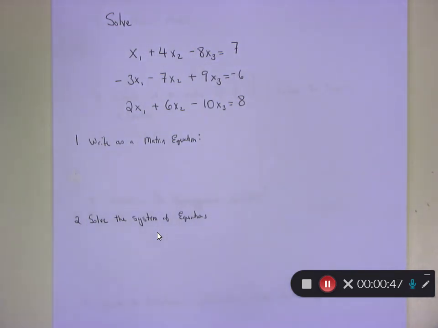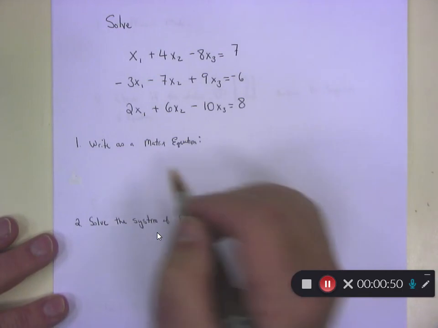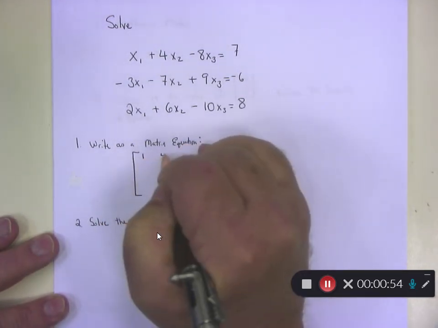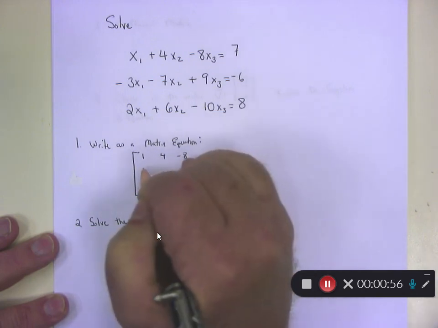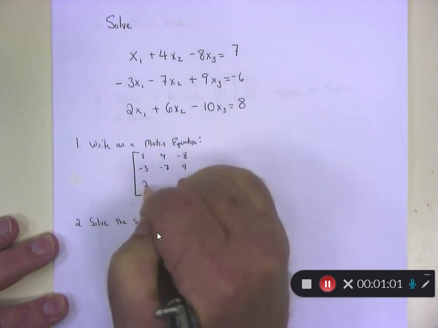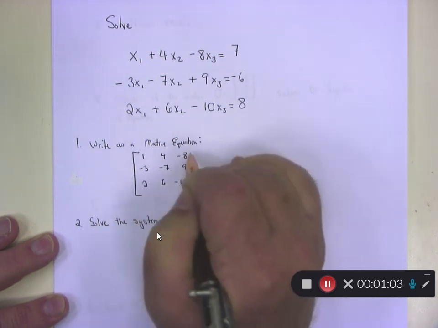To write it as a matrix equation, you have the coefficient matrix, which would be 1, 4, negative 8, negative 3, negative 7, 9, 2, 6, negative 10.